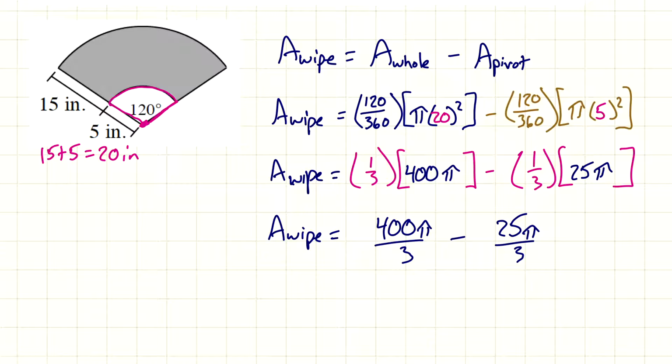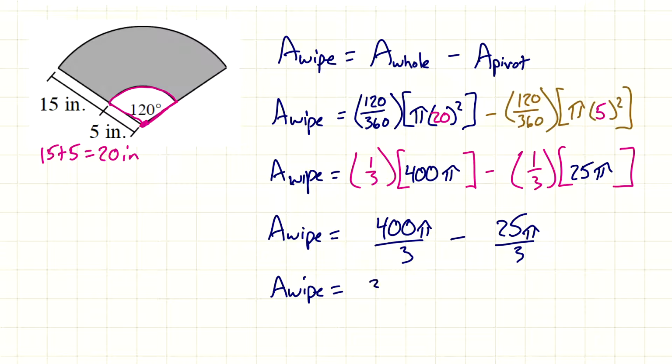Okay, so now you'll notice we have two fractions. They both have the same denominator, so it definitely makes it a lot easier to do the calculations here. So this is going to be, what is 400 minus 25?